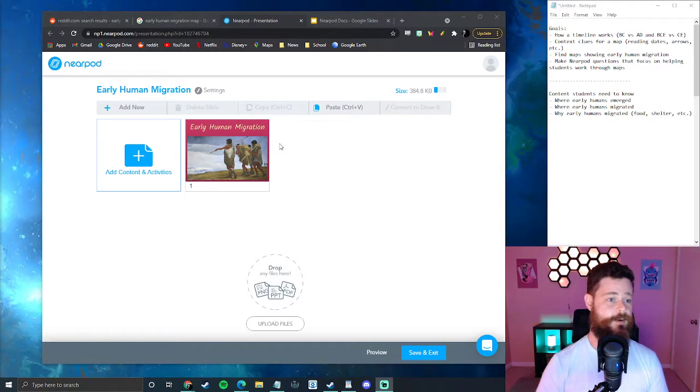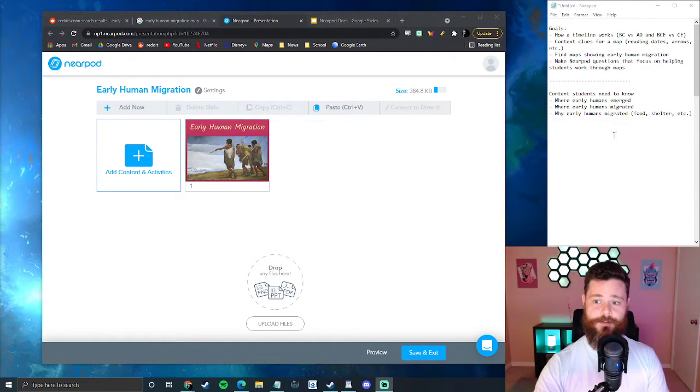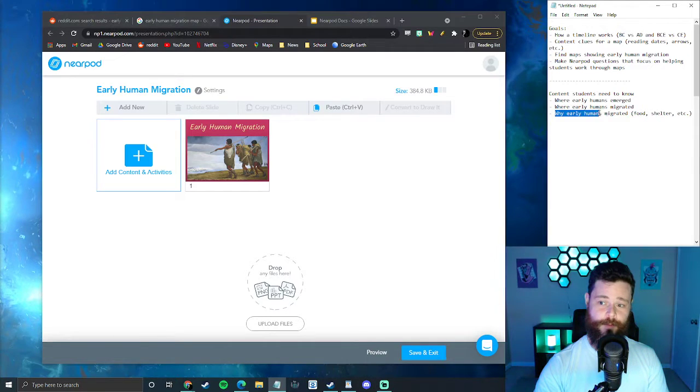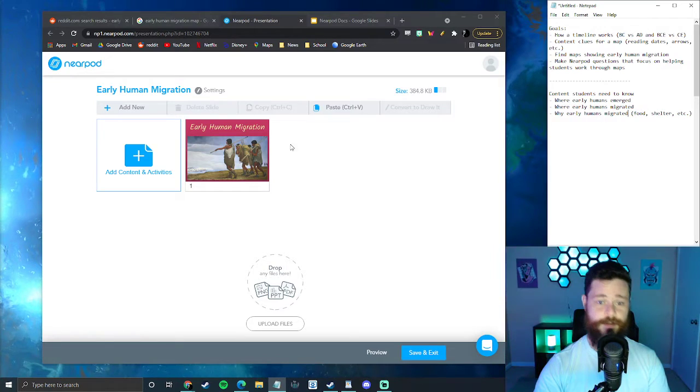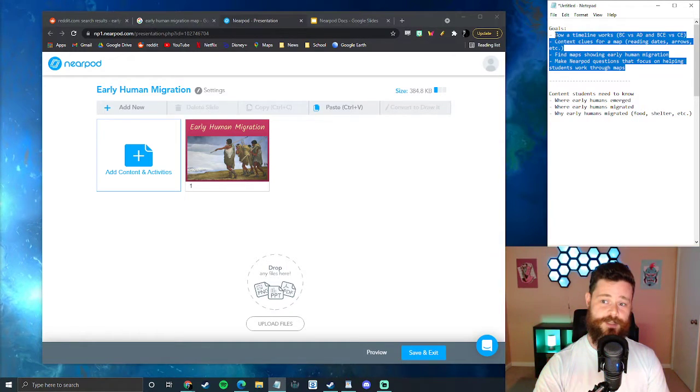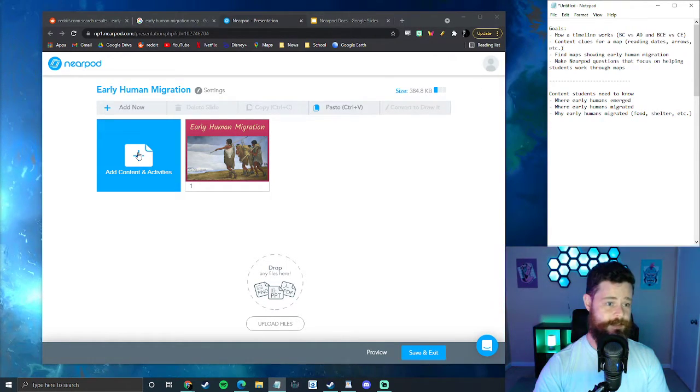So if they've already hunted all those animals, or if they've already picked all that vegetation, whether it's like naturally growing fruits, vegetables, berries, all that kind of stuff, they have to go somewhere else to get it. So that's going to be really important right here. So those are going to be the three big pieces of content that they need, in addition to some of these other skills that we're going to develop here in this lesson.